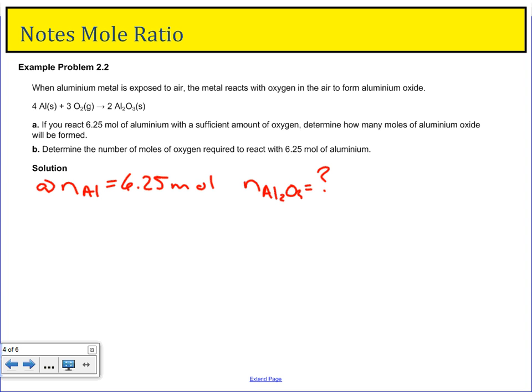If we set this up, it's again our required over our given.